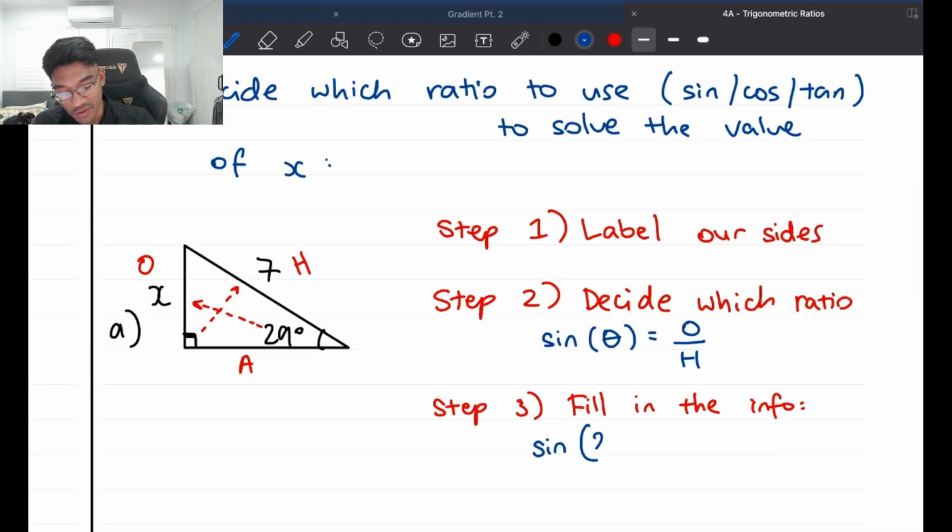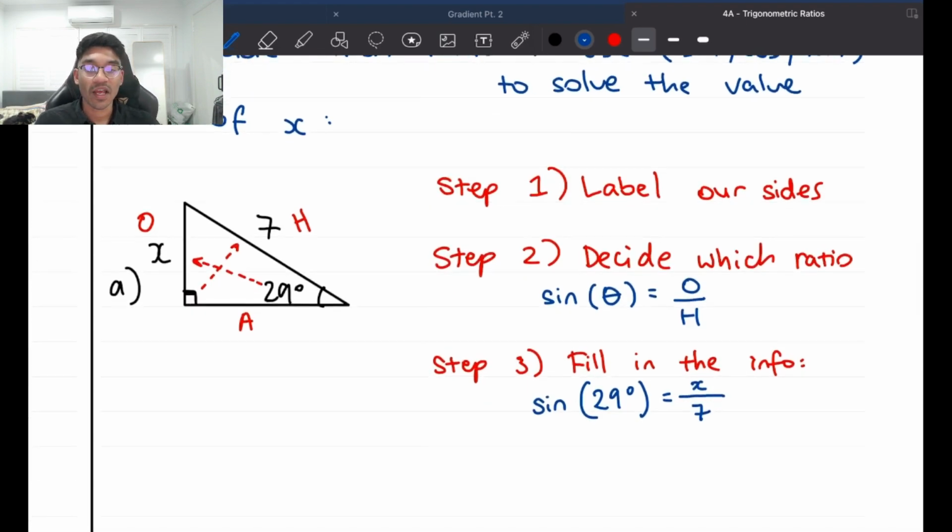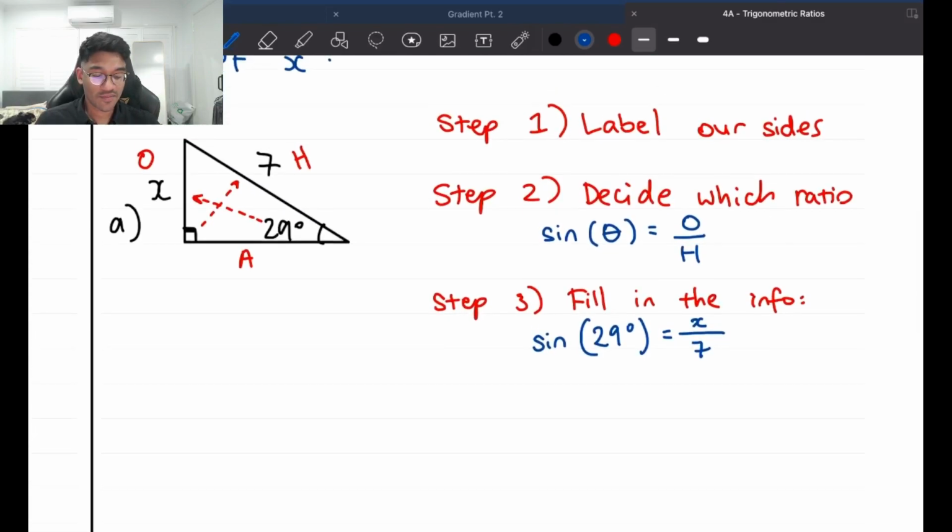The angle is 29 degrees. Close bracket is equal to our opposite. Opposite's what we're trying to find out. So I do x. Then the formula says divided by our hypotenuse, which is 7. So we have sine 29 degrees equals x over 7. And from here we're trying to find out x.